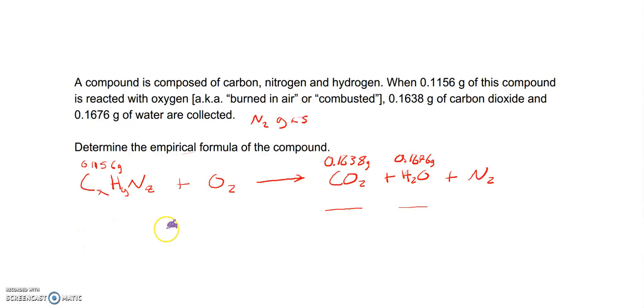So let's go to moles. We've got 0.1638 grams of carbon dioxide. For every 1 mole, moles go on top, right? That's what I want. For every 1 mole, it's 44.01 grams of CO2.